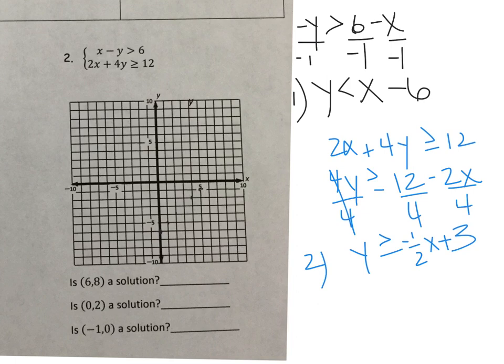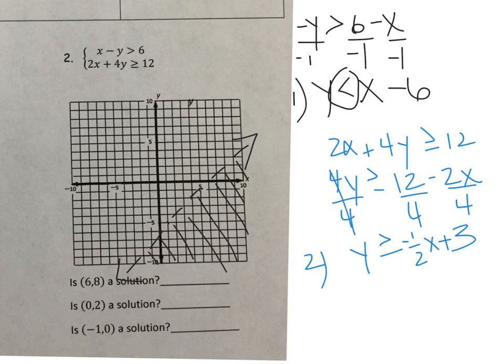And I notice that it's going to be a dash line because it does not have the equal symbol underneath. So I'm going to dash this line like so. And it's y is less than, so anything below that line will be a solution to that particular equation.